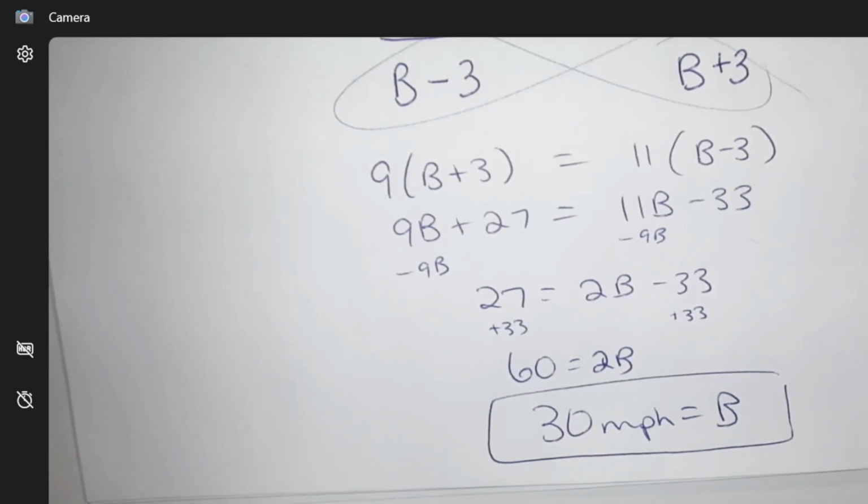Does your answer make sense? Do you notice how I always ask myself that? 30 miles per hour, reasonable answer for a boat speed, right?